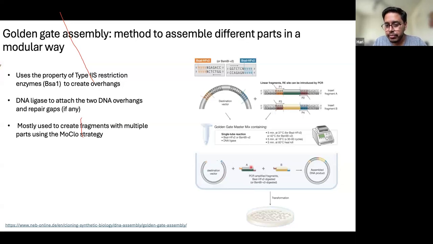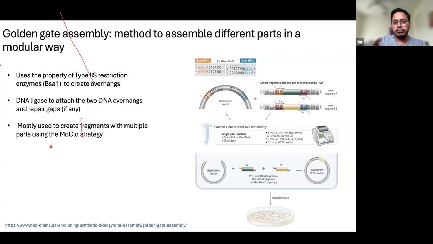In the same way, A has been cut with an overhang color coded as red, and fragment B will have an overhang that is complementary to it. B will also have an overhang that is complementary to the overhang in the destination vector. All these fragments can then be ligated together using an enzyme called DNA ligase. This process is called Golden Gate assembly, where we create different fragments that are compatible with each other, and then assemble them using DNA ligase.